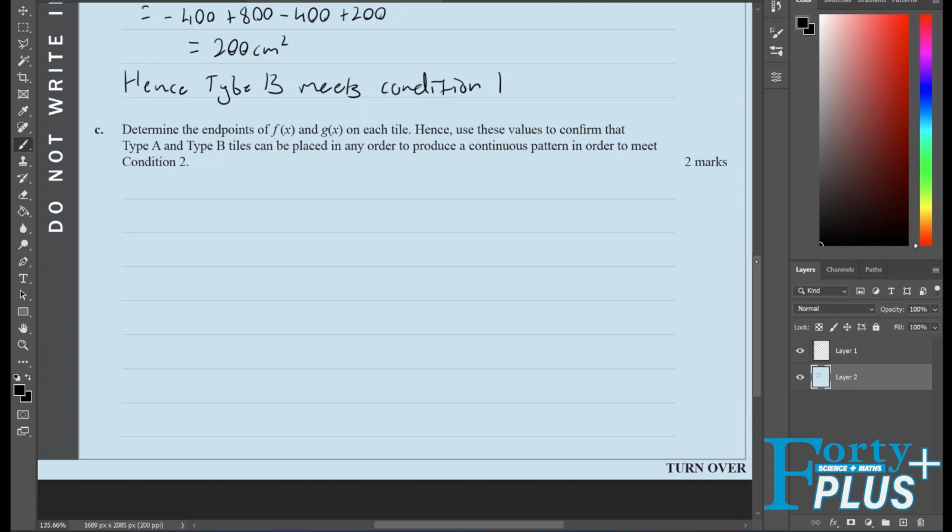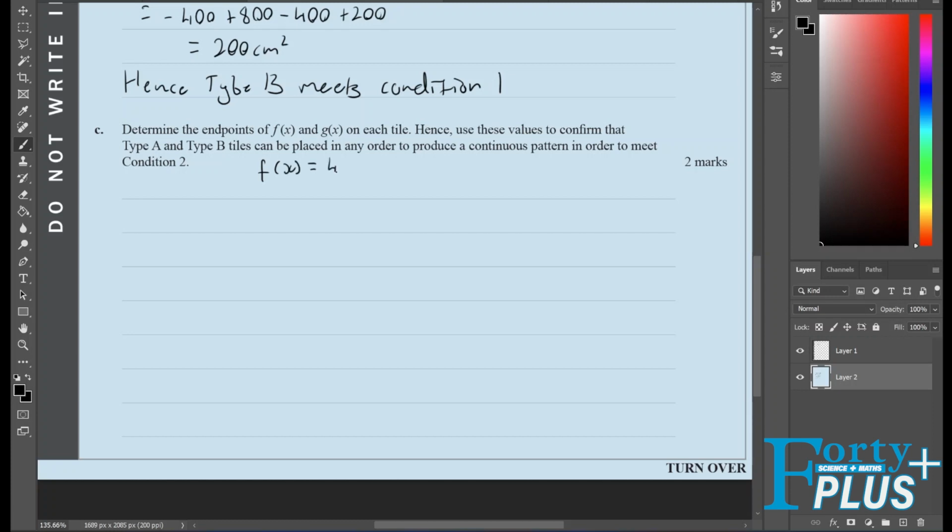Okay, so for part C, they want us to determine the endpoints of f and g of x on each tile, and hence use those values to confirm that type A and type B tiles can be placed in any order to produce a continuous pattern in order to meet condition 2. We'll just write in f of x.